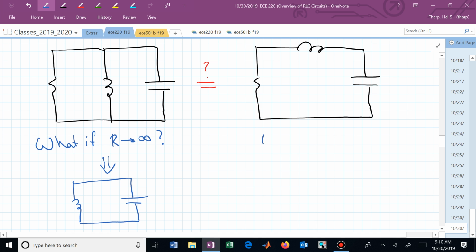What if R goes to 0? On the right, in the series configuration, what happens now? What does that circuit become as R goes to 0?